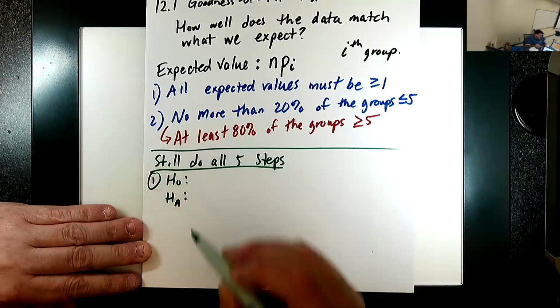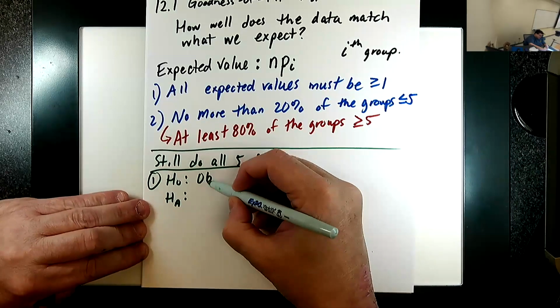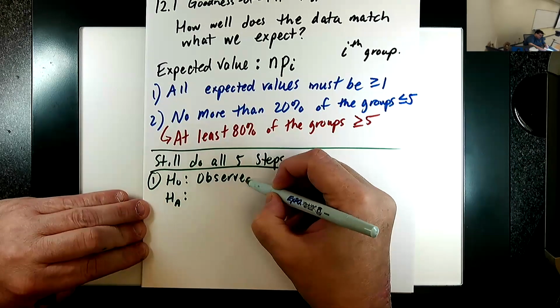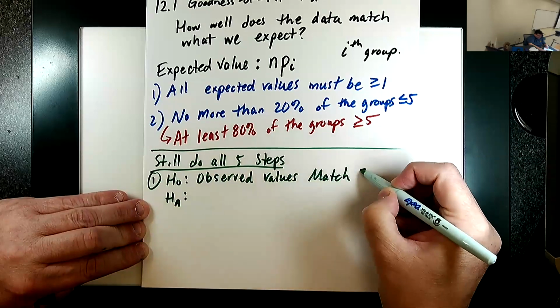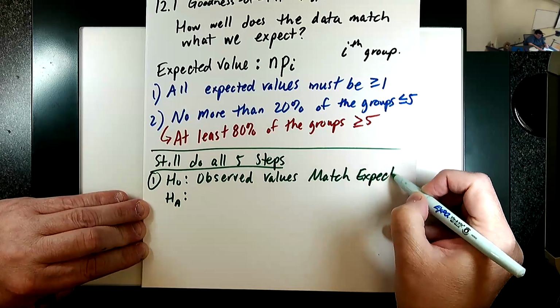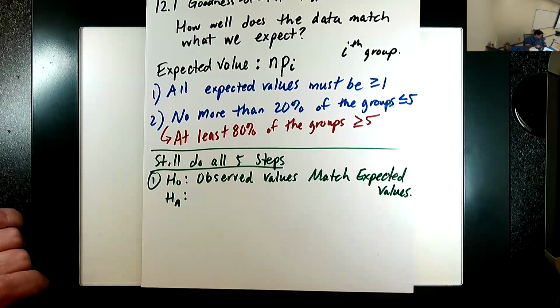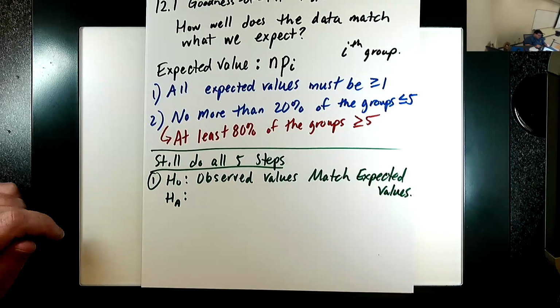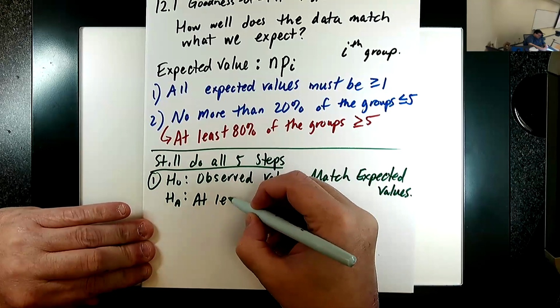So let's talk about what H naught and HA is for goodness of fit. H naught is observed values match expected values. And HA is at least one group doesn't.